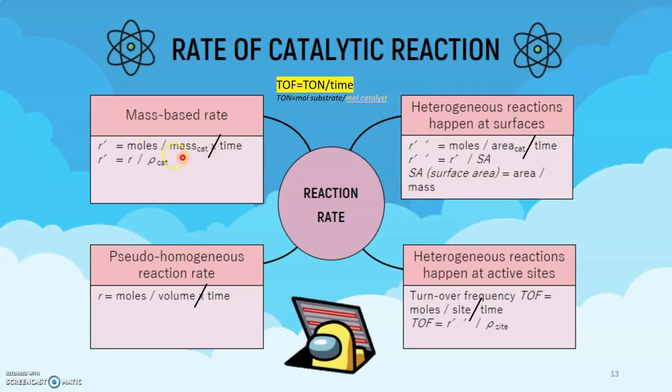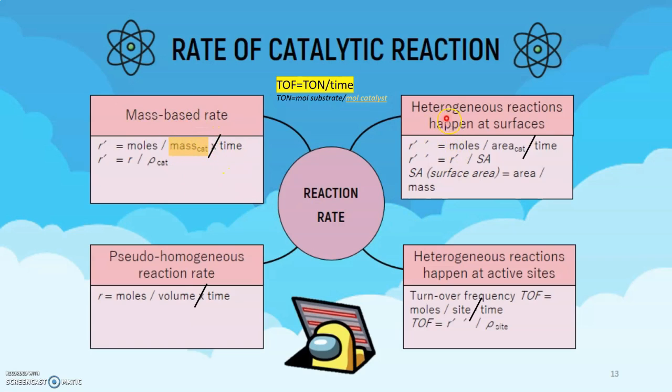For the mass rate, the TOF equals the mole of substrate over the mass of catalyst instead of the mole of catalyst, and over time. You can see here the difference. It actually depends on the parameter itself.